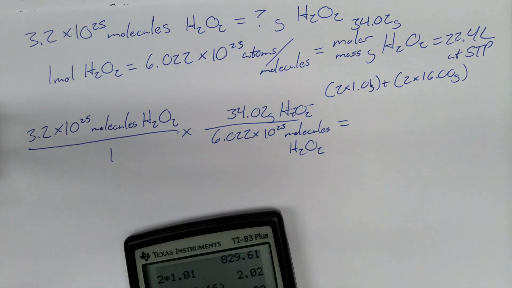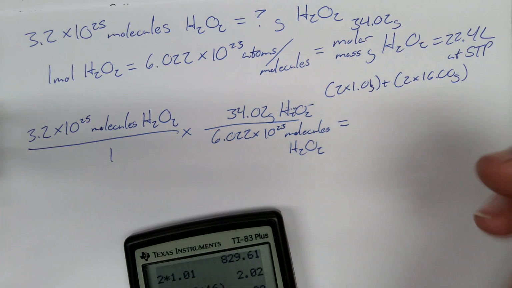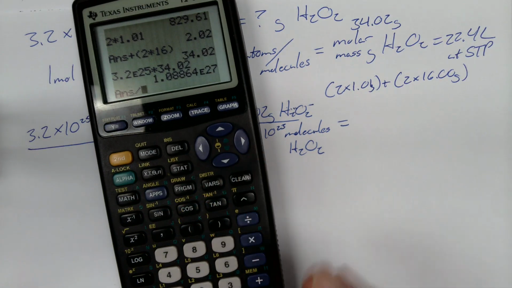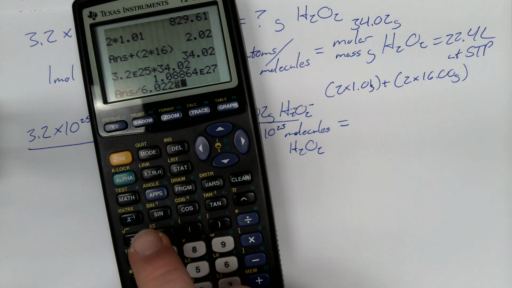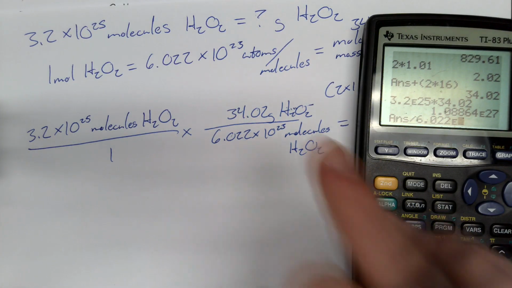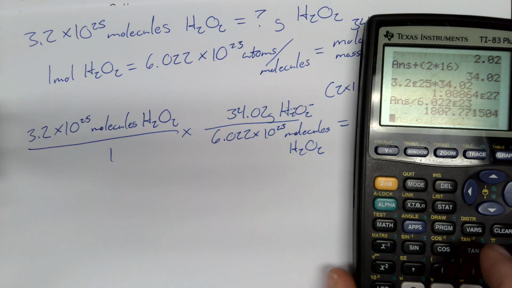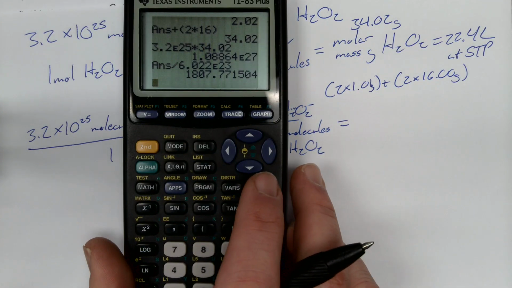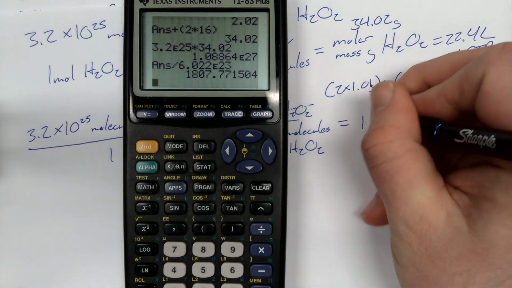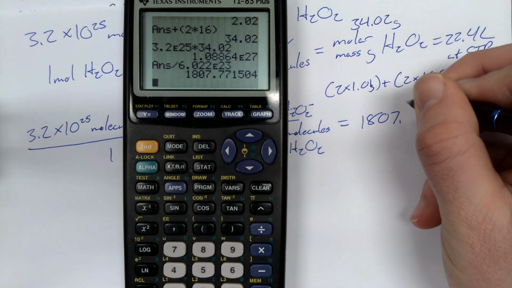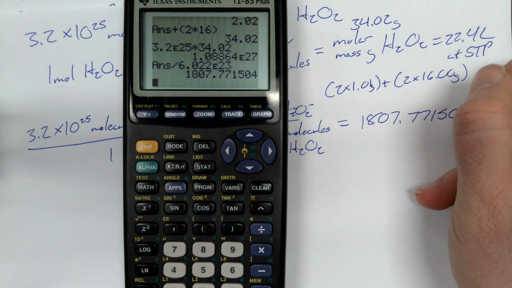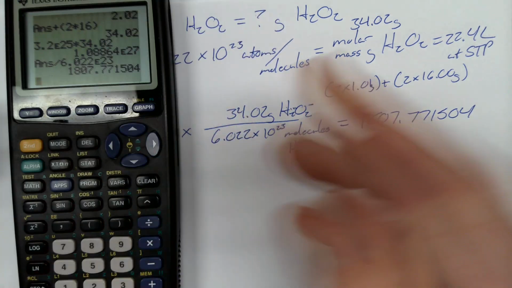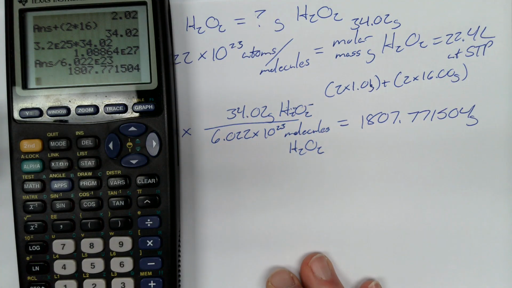Divided by 1 times Avogadro's number, so it's going to be divided by 6.022 second E 23, enter. 1807.771504 grams. Is that my final answer?